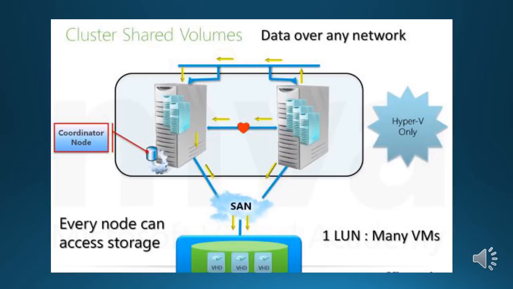As we mentioned, every node can now access the storage, which differs from traditional clustering. With traditional clustering, let's say with a file server, only one node can access the storage at a time, and if that file server needs to move, or that node crashes, the storage will also move with it.